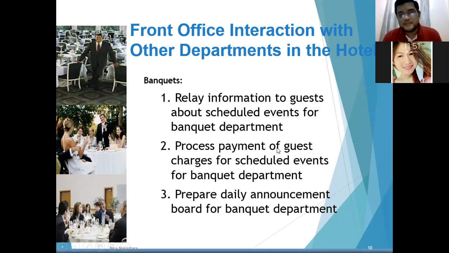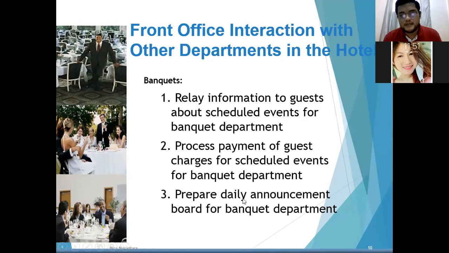Process payment of guest charges for scheduled events for banquet department. So any banquet department sales will be charges processed by front office. This is not by food and beverage because banquet halls and meeting space are all under the sales department, not under F&B.